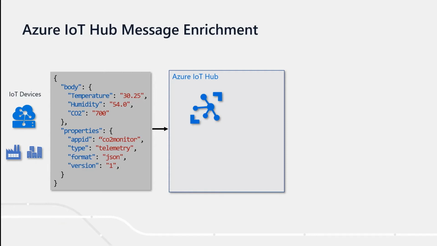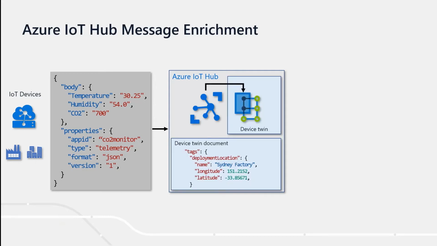You'll remember we also had application properties: app ID as CO2 monitor, type telemetry, format JSON, version 1 as schema, and things like that. What you can do is use the tag section inside a device twin.